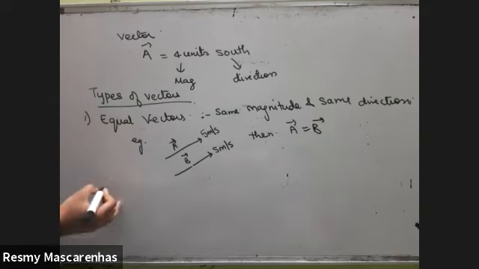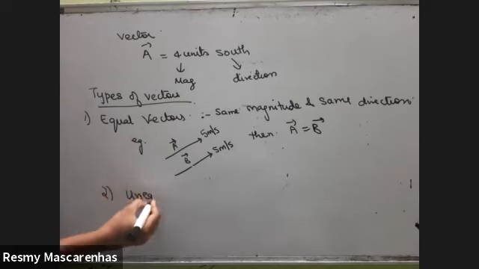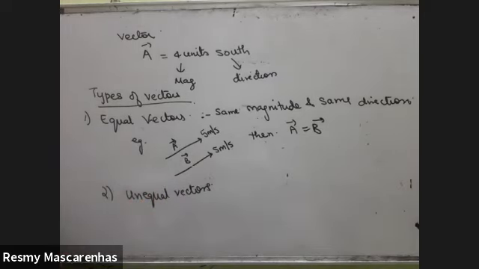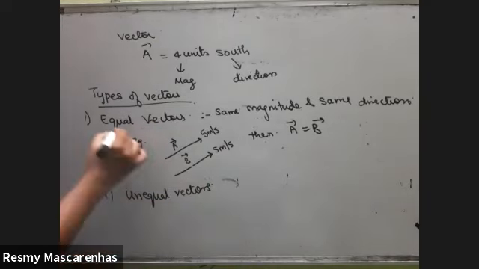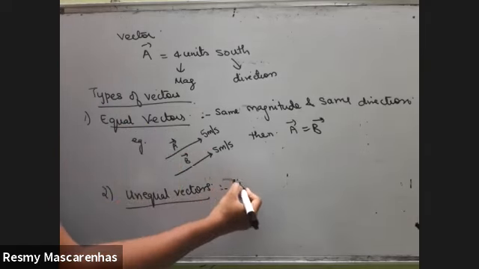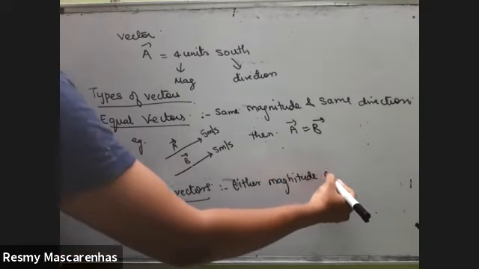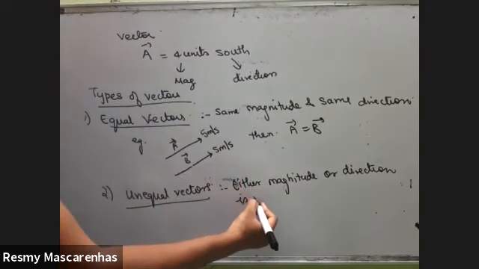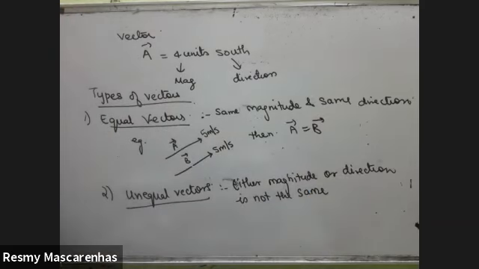So obviously, if you have understood equal, then you know what is unequal. Either the magnitude is different, or direction is different, which does not have same magnitude or direction.